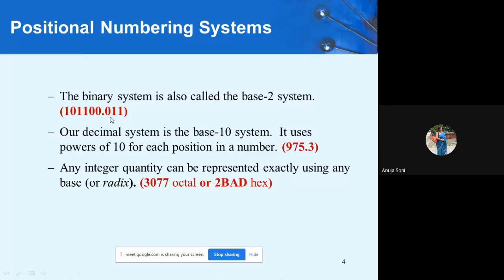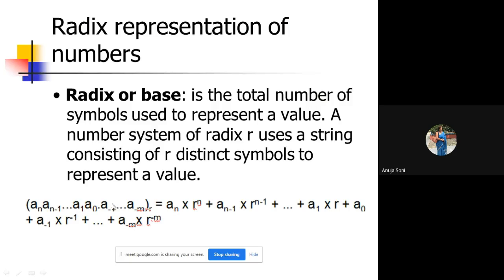This binary number consists of an integral part as well as a fractional part, so it may be written as A naught, A1, A2, A3, A4, A5. Towards the right hand side, the fractional part will be termed A minus 1, A minus 2, and A minus 3. Simply, we are talking about digit by digit of a given number. How will it be expressed in decimal form?